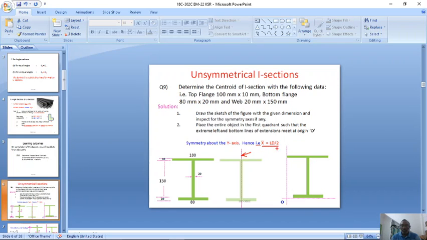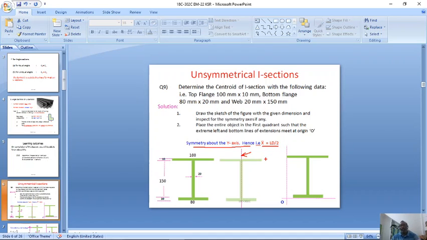Hence, x bar is equal to LD by 2, so that we can directly calculate the x bar without using the analytical method. You can also see that the top flange is equal in two parts about the line parallel to the y axis, the bottom flange is also symmetric about it, and the web is also symmetric. Hence we state that it is symmetric about the y axis, therefore x bar is equal to LD by 2.